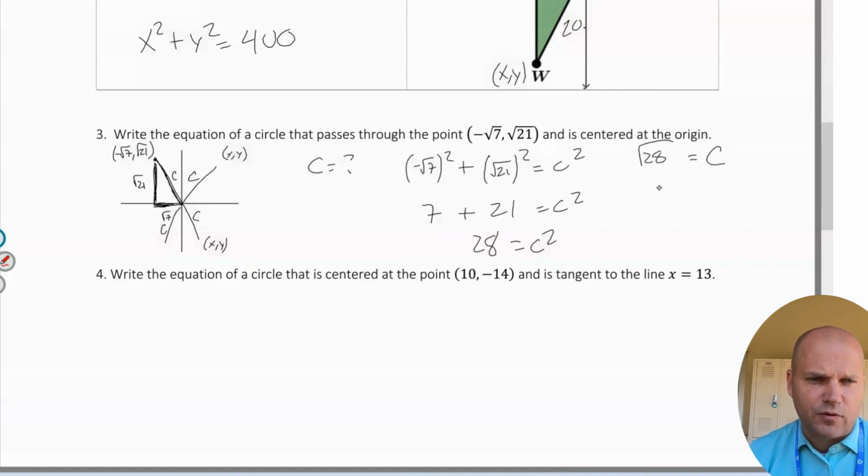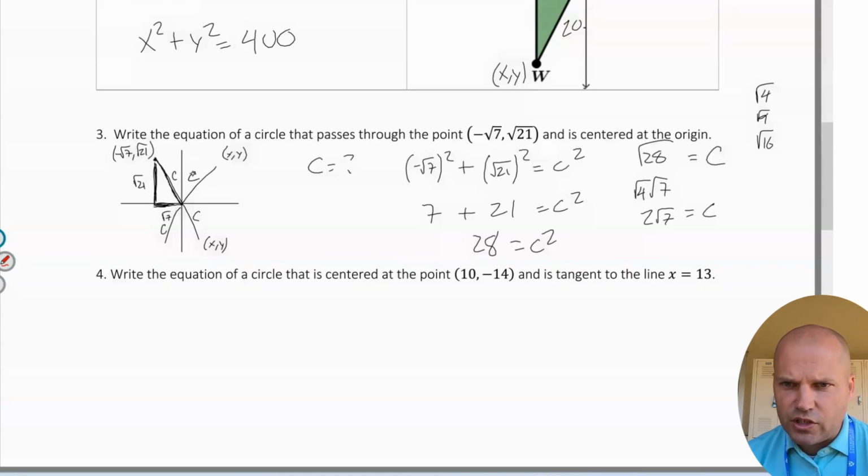We'll need to simplify that. Think about the biggest perfect square that goes into 28. 9 doesn't go into 28, 16 doesn't, 4 does. 4 times 7 is 28, so root 4 times root 7 is root 28. So we get 2 root 7 is c. So now we know c is 2 root 7.